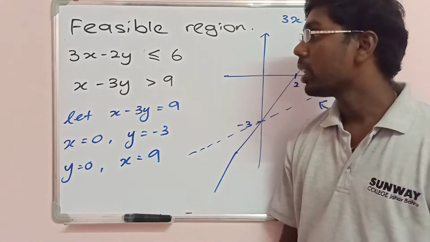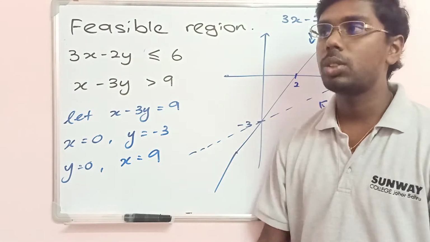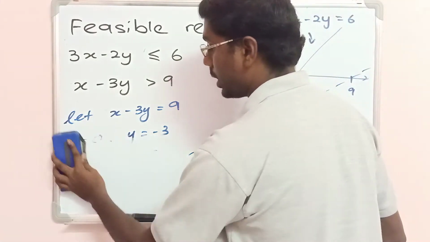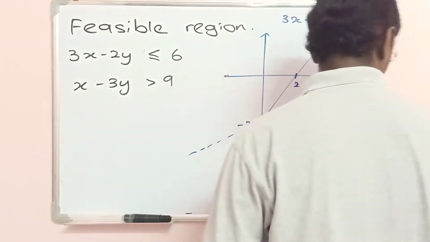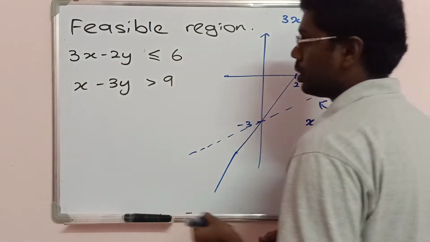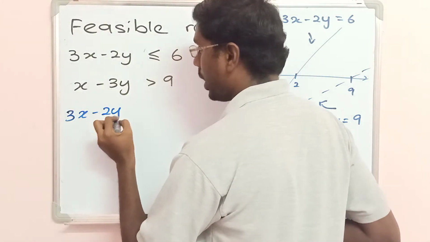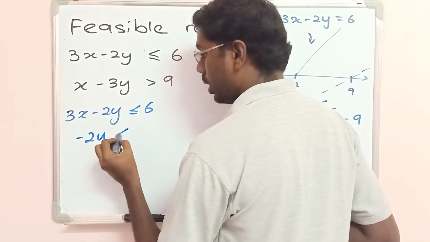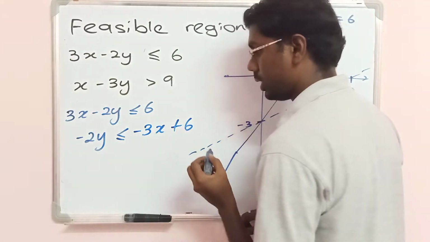So we make y the subject, means y equals something. So it's going to be 3x minus 2y less than or equal to 6, so negative 2y less than or equal to negative 3x plus 6.